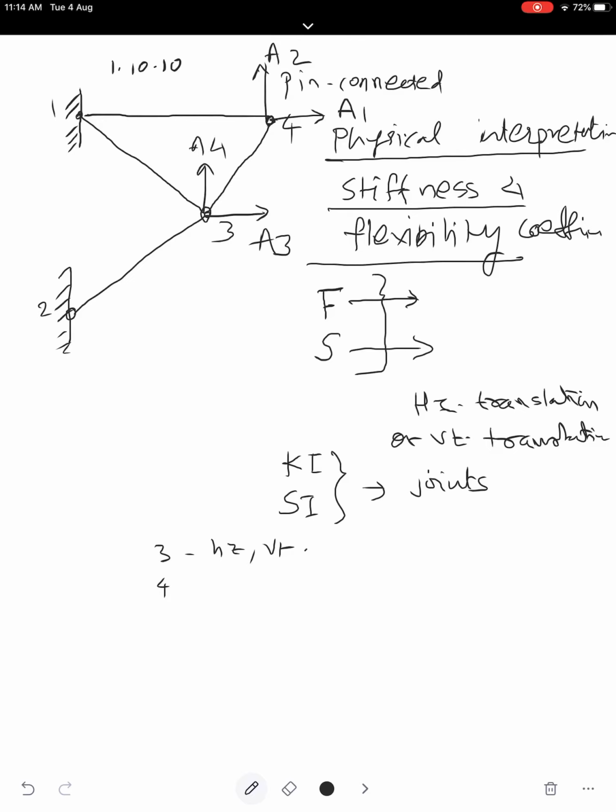There are 4 external loads given. But while calculating stiffness and flexibility coefficients, we are not going to include the load.